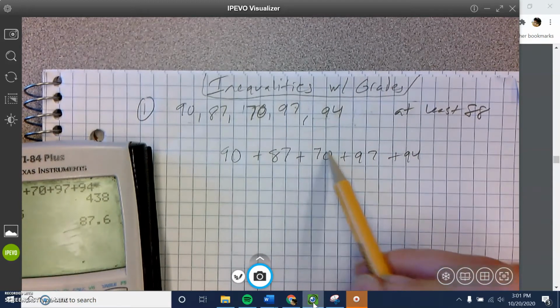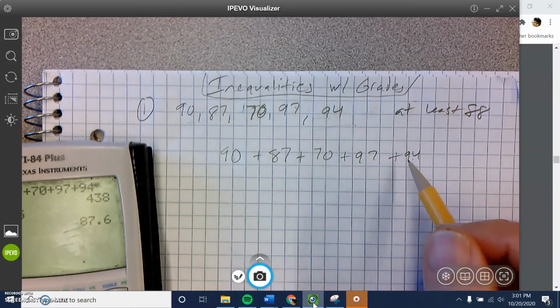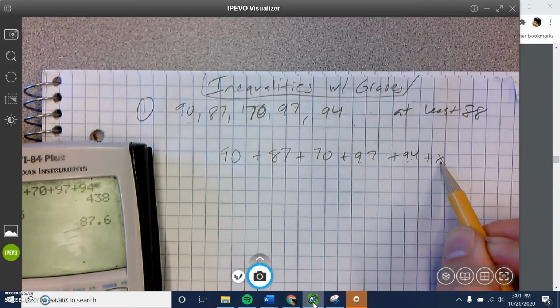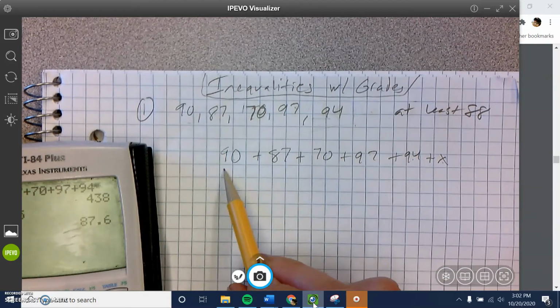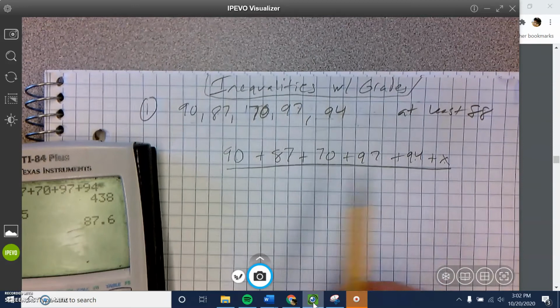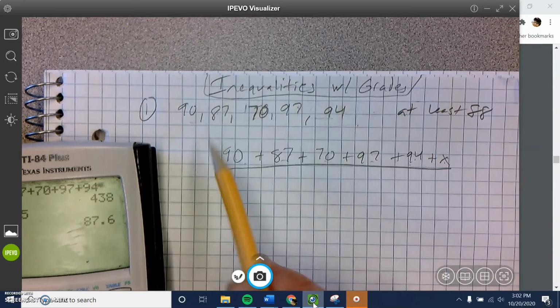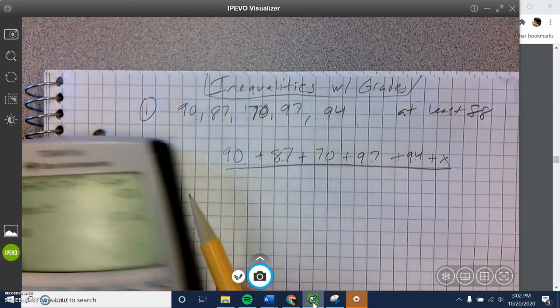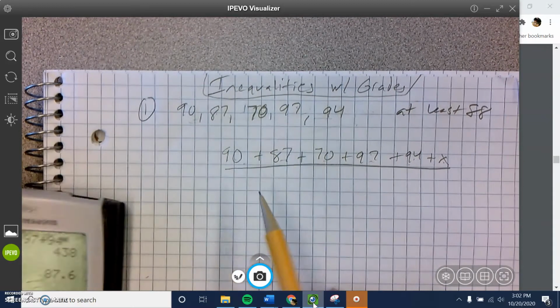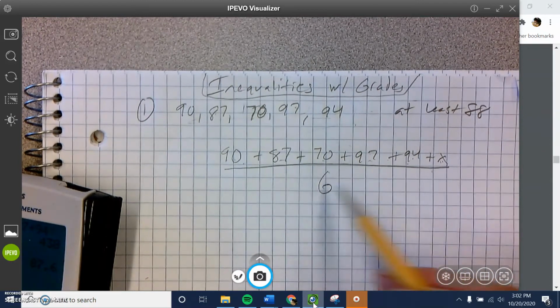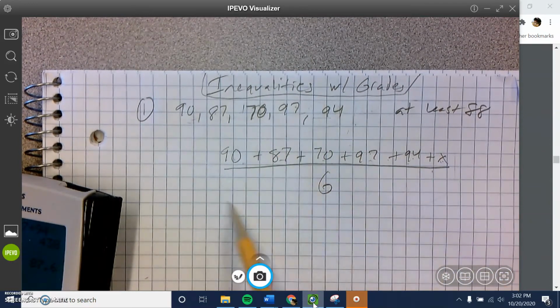He has 5 tests or assignments under his belt, plus X. X represents his next assignment, his next test. How many assignments or tests is that? 6. Before I divided by 5, but now I'm dividing by 6, including that next test. This is his average right here.